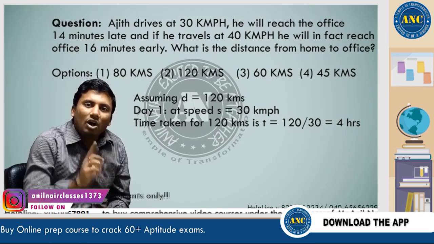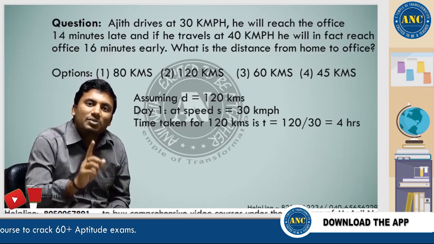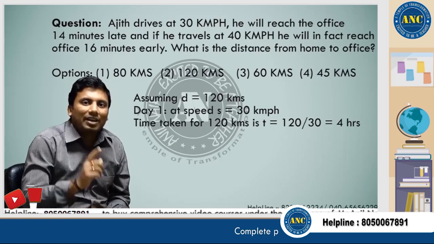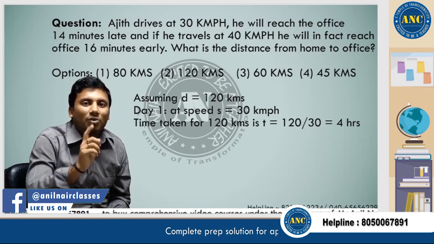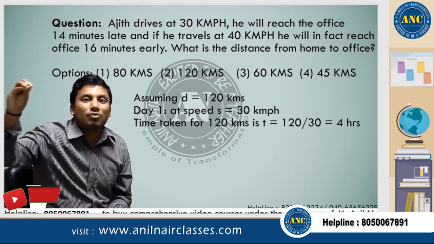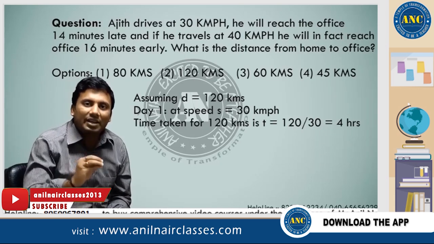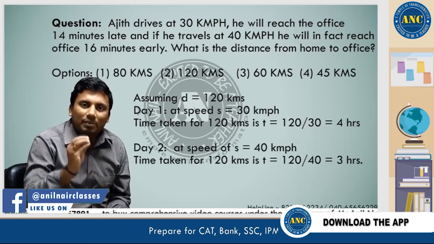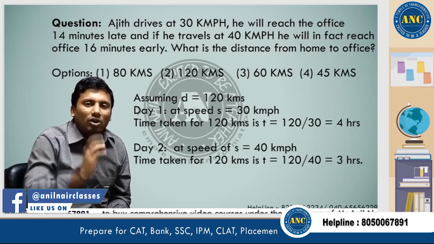120 kilometers: on day 1, he travels at a speed of 30 kilometers per hour. That means in 1 hour, he travels a distance of 30 kilometers. To travel 120 kilometers, he takes 4 hours. Second day, he travels at a speed of 40 kilometers per hour. That means 1 hour, 40 kilometers.